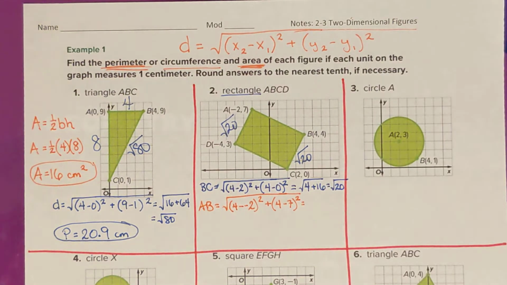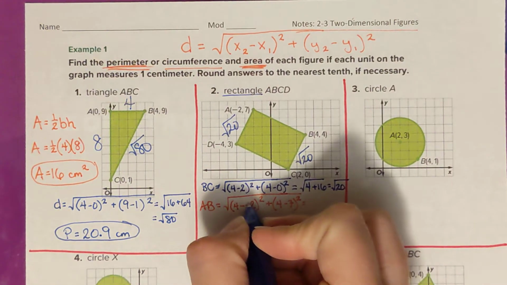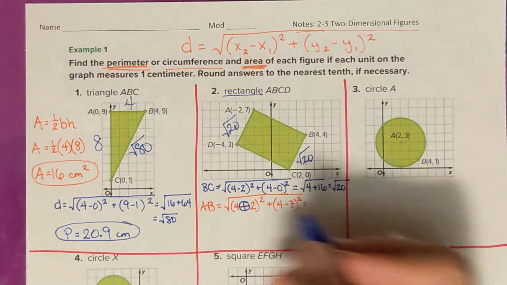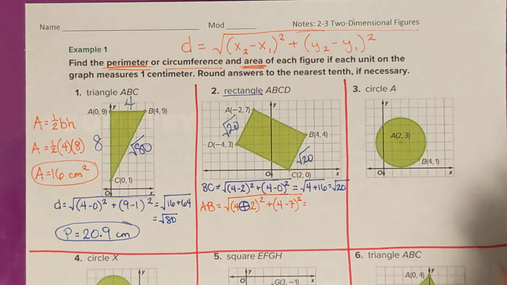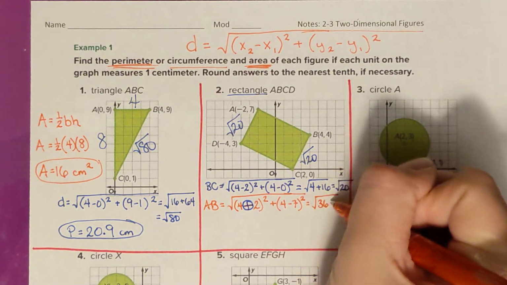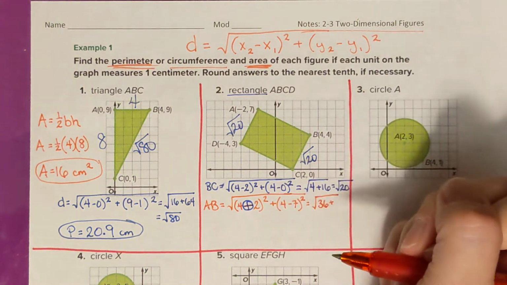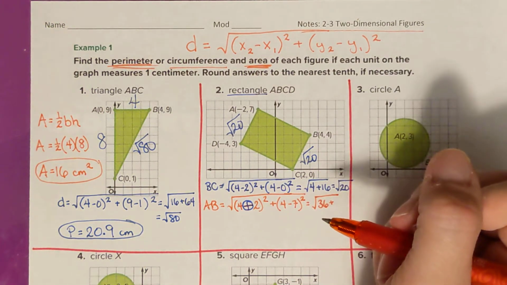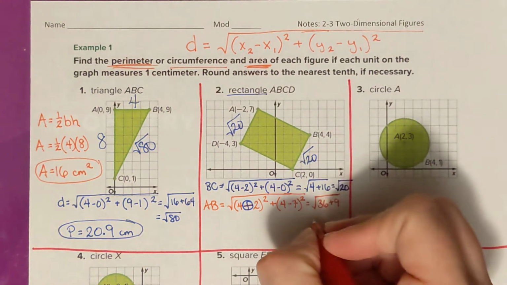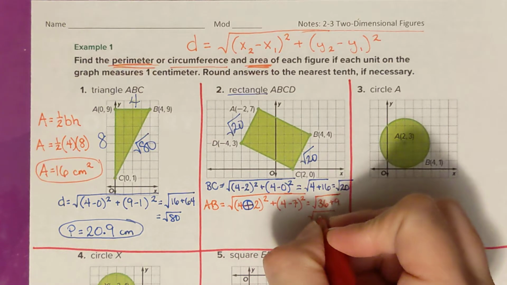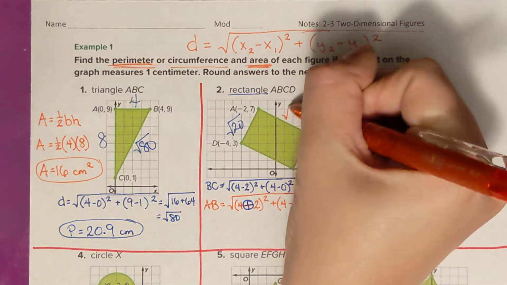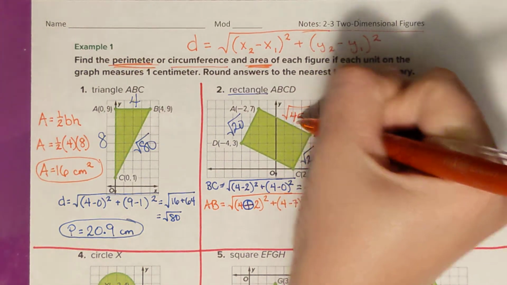Remember, when you subtract a negative, it turns into a positive. So 4 plus 2, you should get 6. 6 squared is 36. Plus 4 minus 7, you should get a negative 3. Negative 3 squared is 9, so plus 9. So you should get the square root of 45.